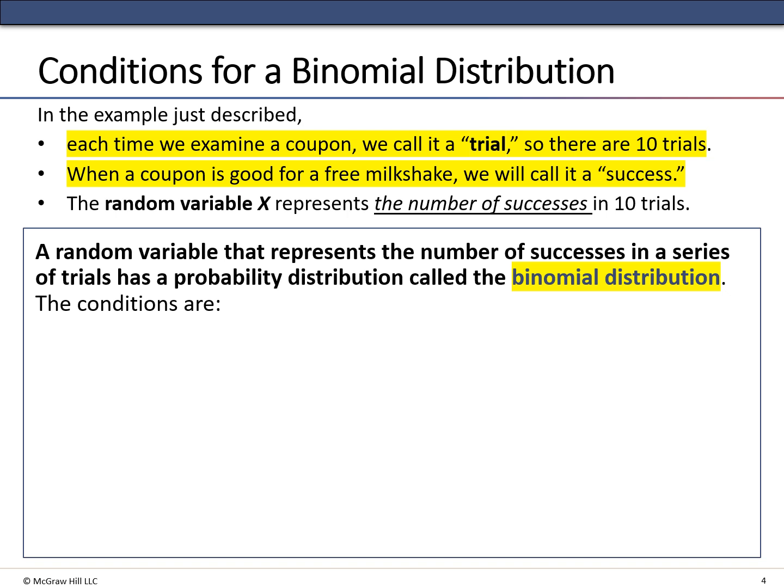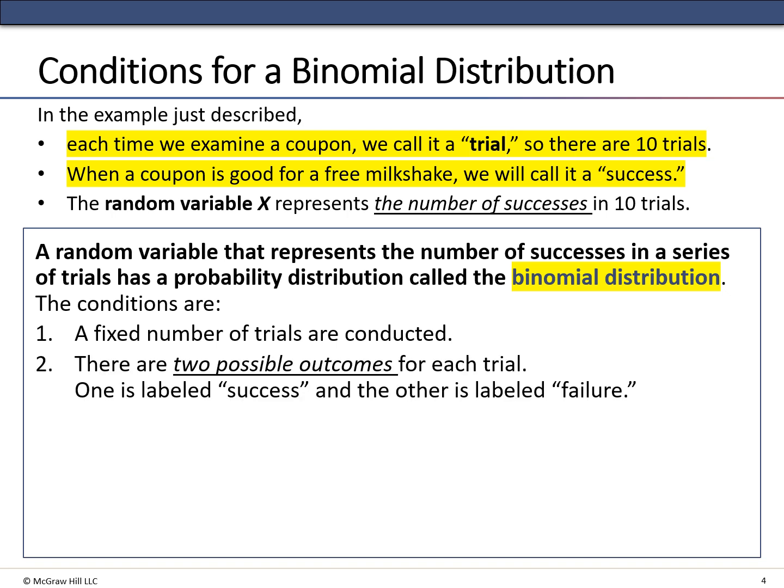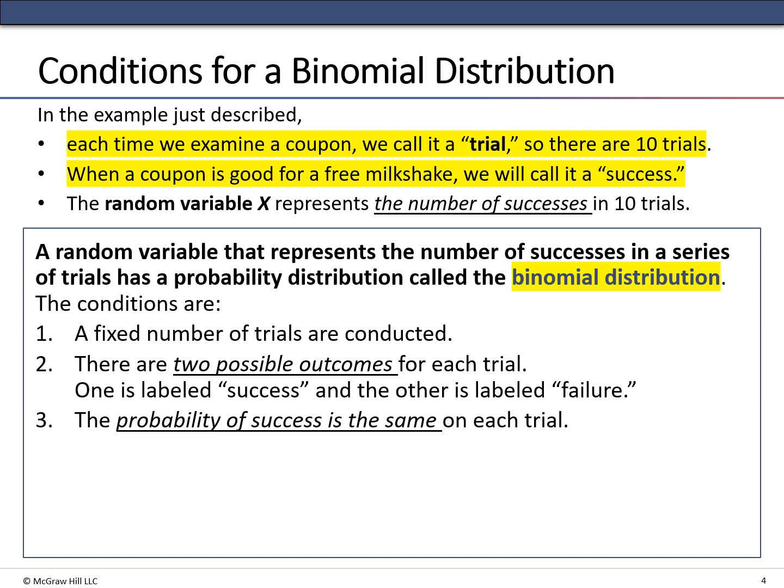A random variable that represents the number of successes in a series of trials has a probability distribution called the binomial distribution. The conditions are that you conduct a fixed number of trials. There are 2 possible outcomes for each trial. One is labeled success and the other would be labeled failure.